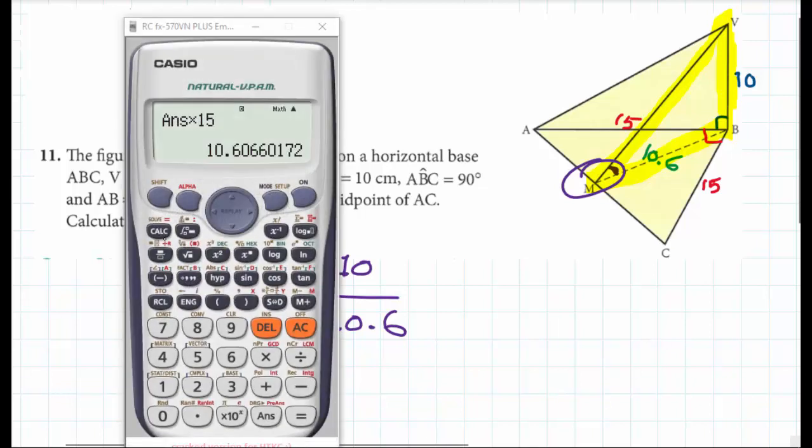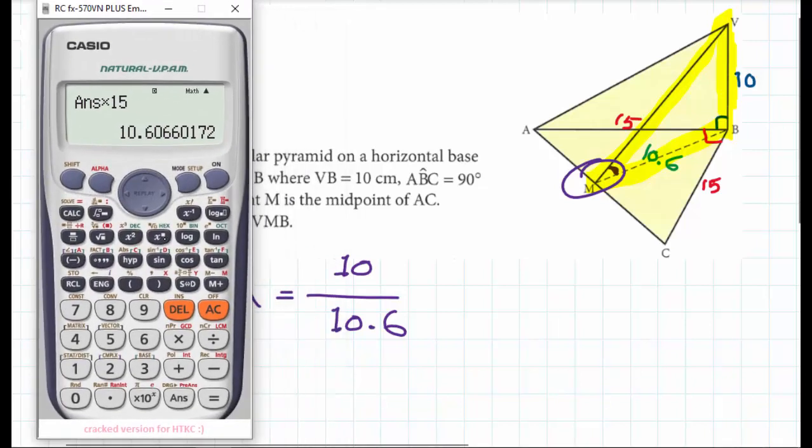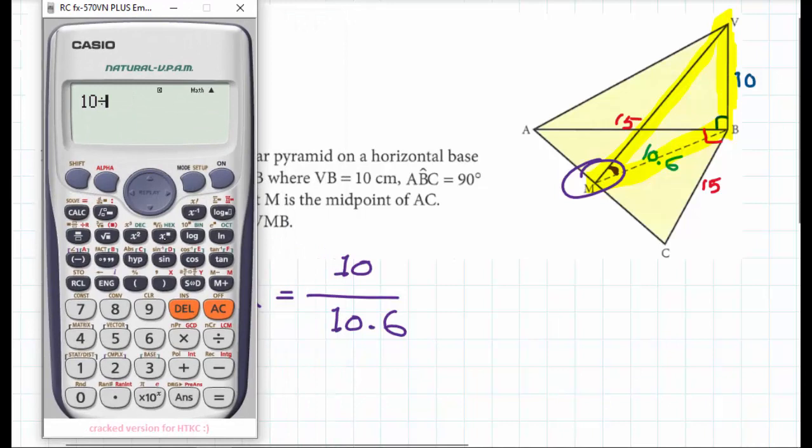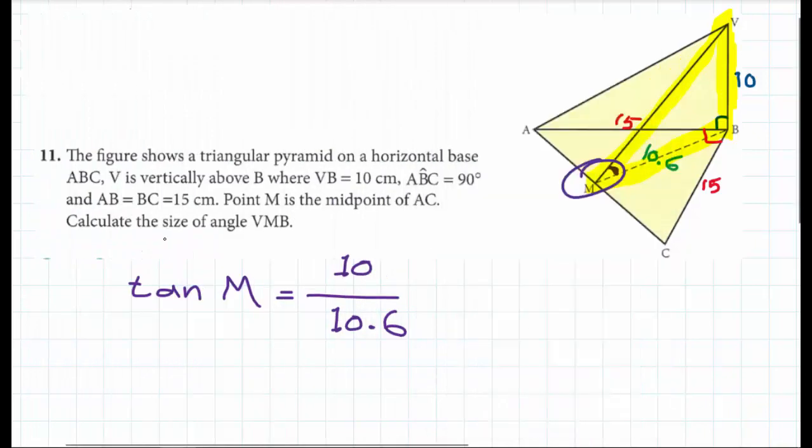Let's simplify the fraction. 10 divided by 10.6 is equal to 0.943, and so on. Let's write this, 0.943 and some other decimal places is equal to tan of M.